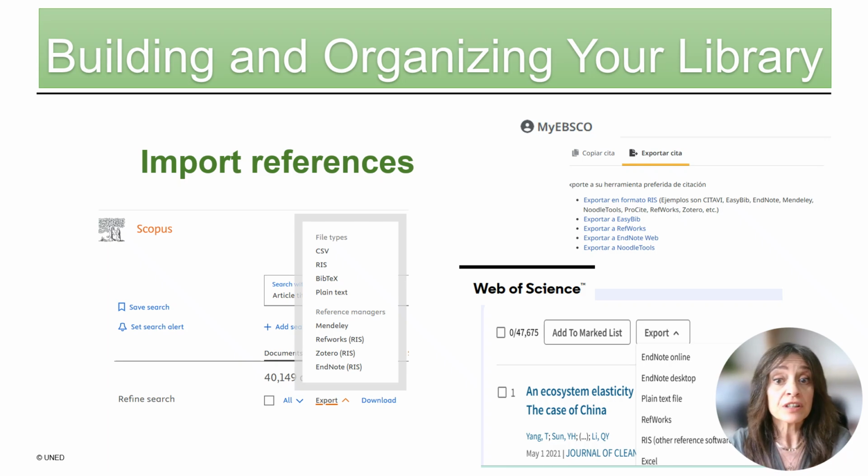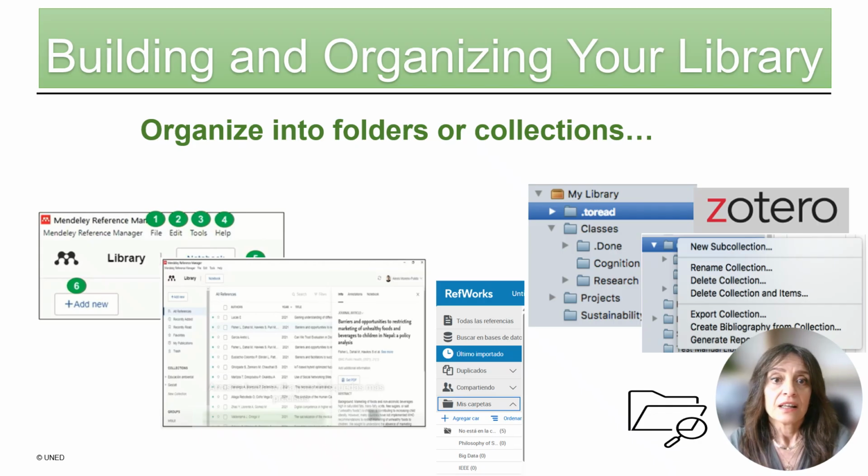The software will attempt to extract the citation info. Additionally, if you have a DOI, Digital Object Identifier, or ISBN, you can usually input that and the tool will fetch the details. Then, organize into folders or collections. Just like you might sort files into folders, you can create collections or groups within your reference manager for different topics or projects.